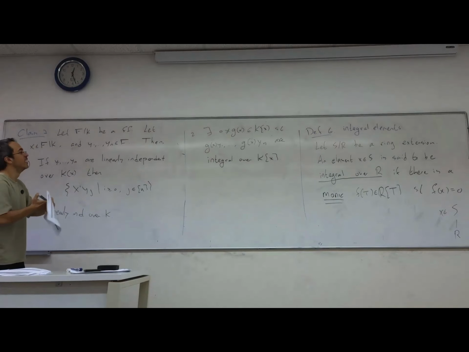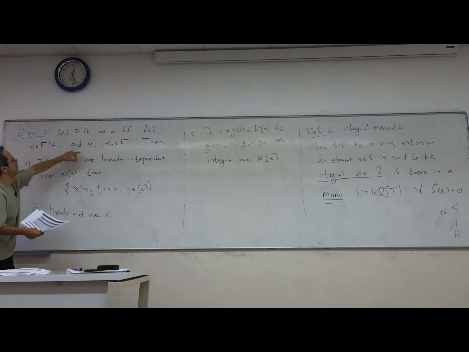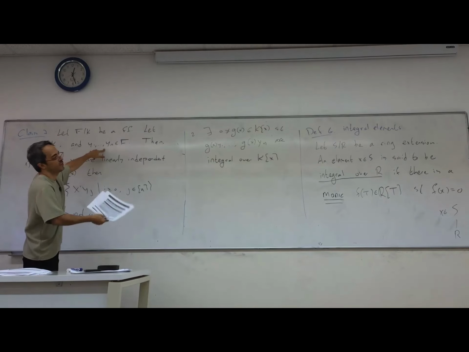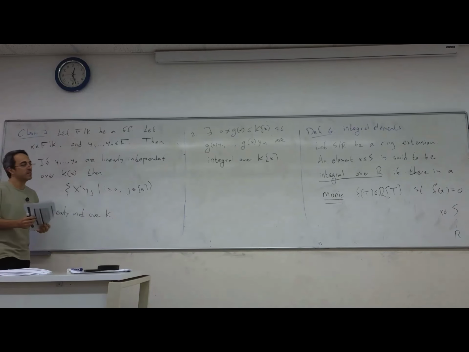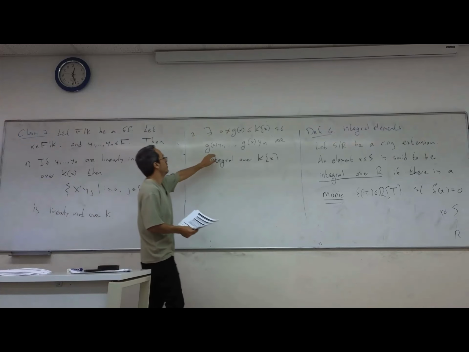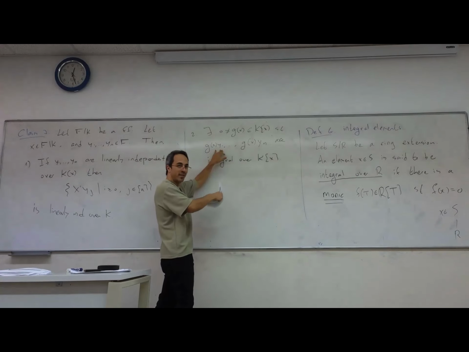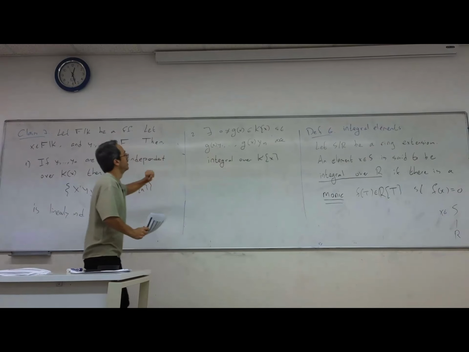What I'm saying here is that y1 up to yn have nothing to do with 1. They are just these functions. They may or may not be integral over k of x. For example, it may be the case that there is a monic polynomial over k of x which makes y1 vanish, and maybe not. I don't know.